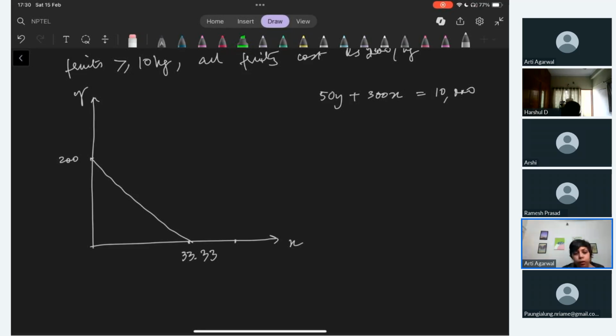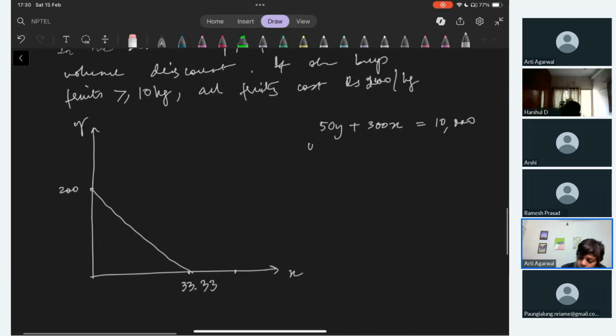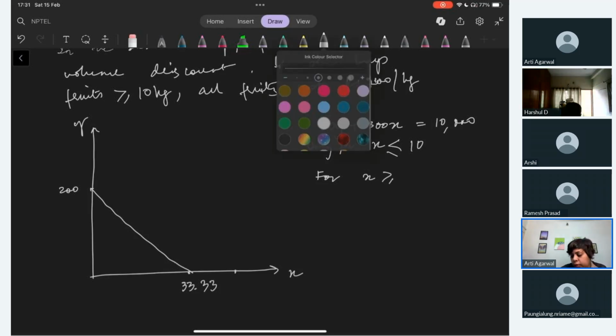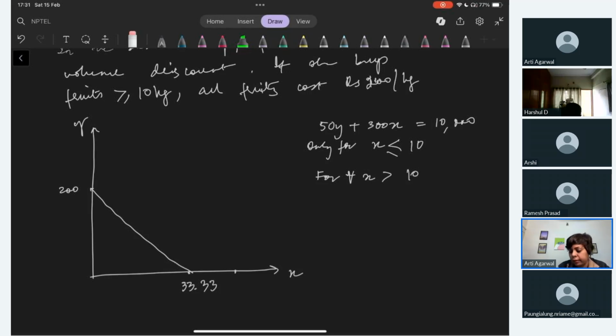But this is only for x less than or equal to 10. This one will be for all x greater than 10. At x equal to 10, let's just say she gets the same pricing, which is 300. For x greater than 10, she gets pricing of 200.